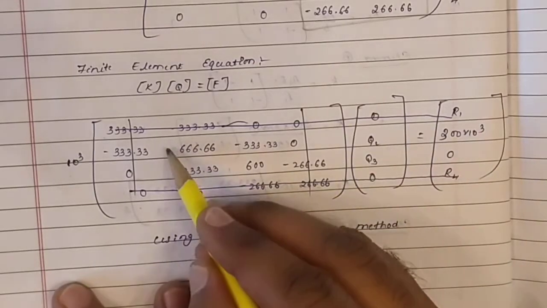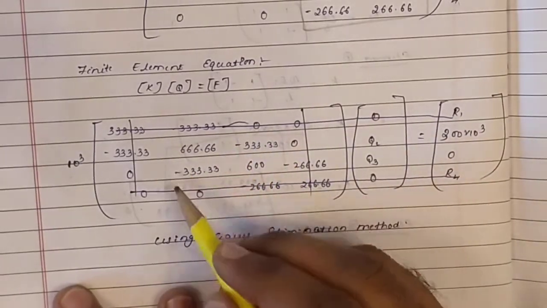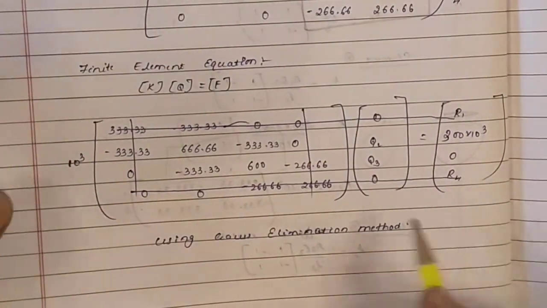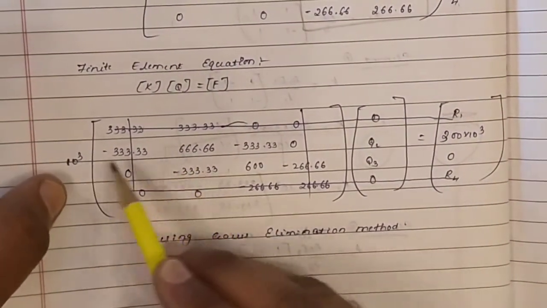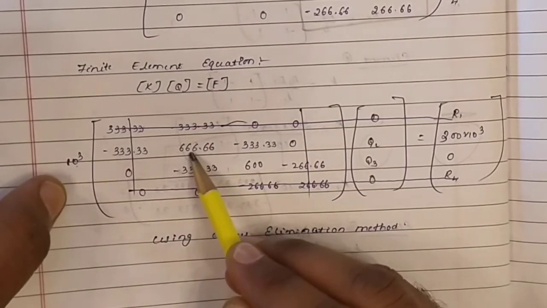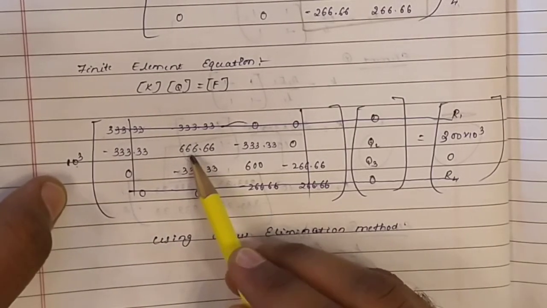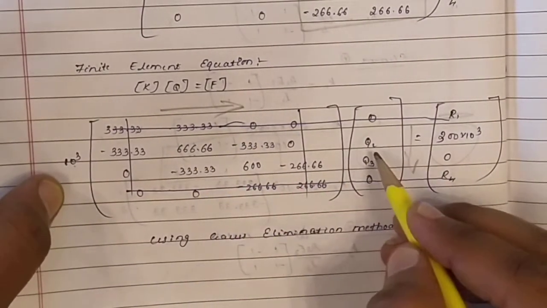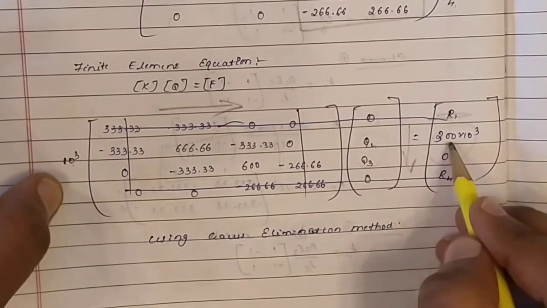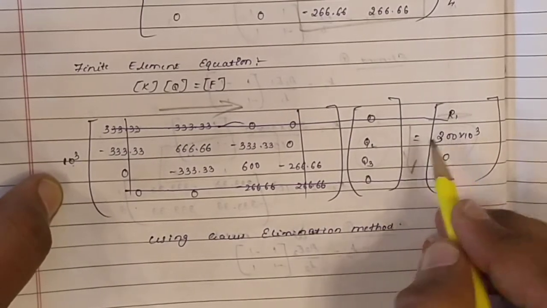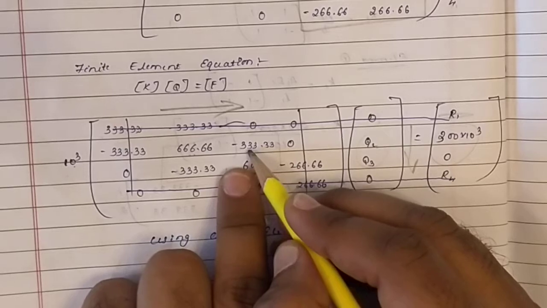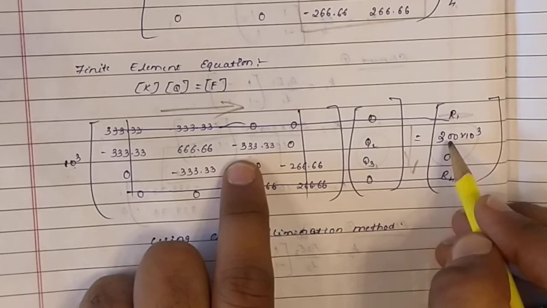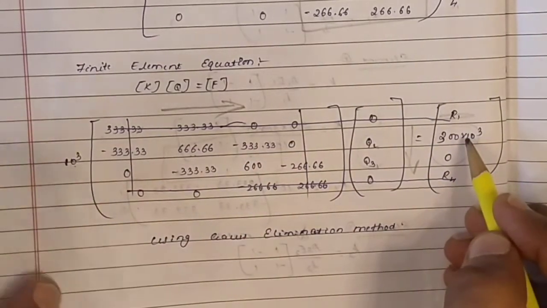Okay, so the remaining is this one, this one and this one. So if you multiply it, 10 power 3 into 666.66, this row into this column, 666.66 into Q2, then next plus minus 333.33 into Q3 is equals to 300 into 10 power 3.